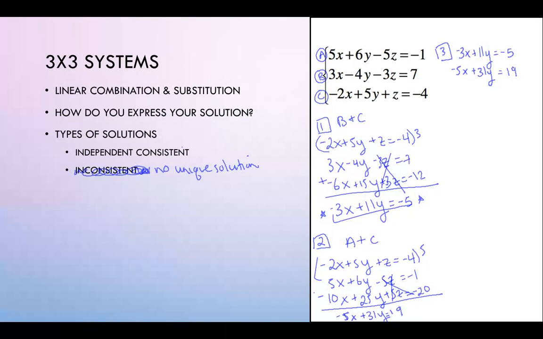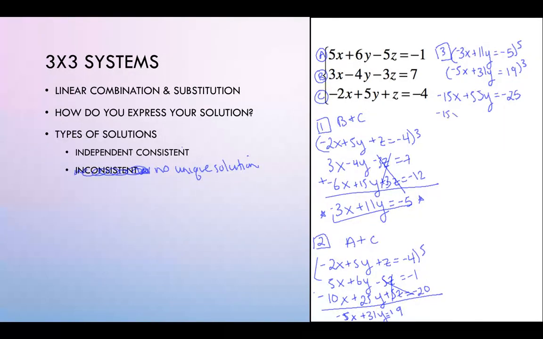Okay, so it's not all going to cancel, but my next goal, I think I'm going to try to get rid of x. I'm going to have to change both of these. I'm going to have to multiply through by 5 here and 3 here is what I think I'm going to need to do. So I've got negative 15x plus 55y equals negative 25.